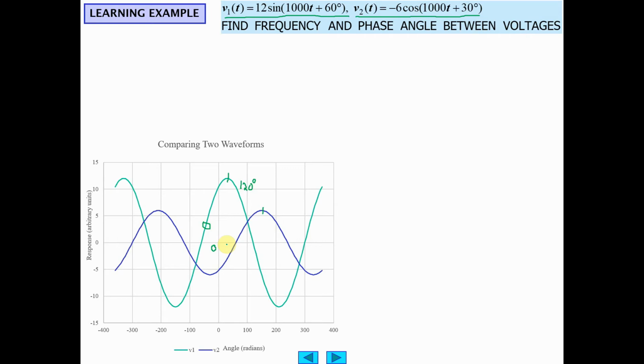Okay, let's take a look at how we analyze this. First of all, the radians and degrees can drive us a little crazy, because omega is 1,000 radians per second.